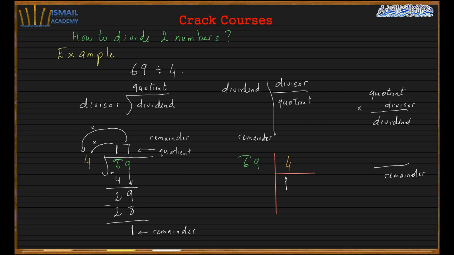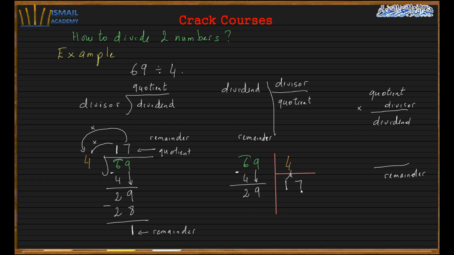So 1 times 4 is 4, so I'm going to put 4 here, and I subtract. So here we have 2, and 2 is less than 4. So what I do next, I move down the 9. I will ask the same question: which number times 4 gives me 29, or the closest number to 29?